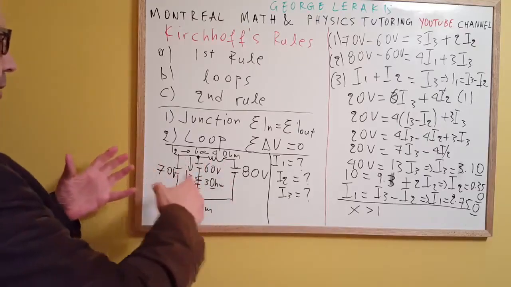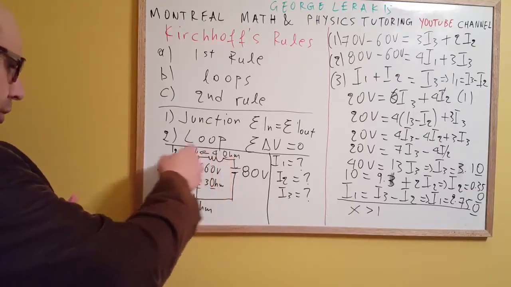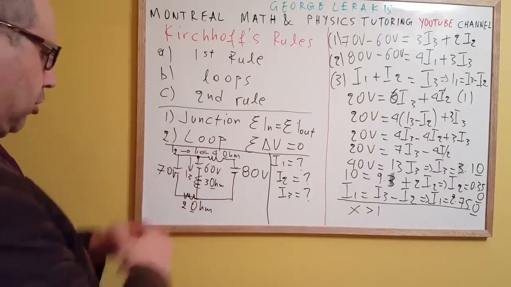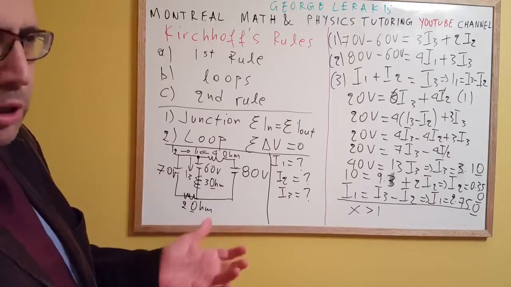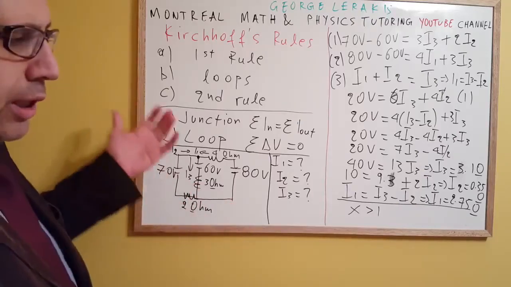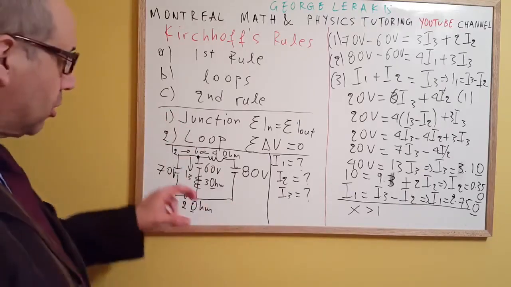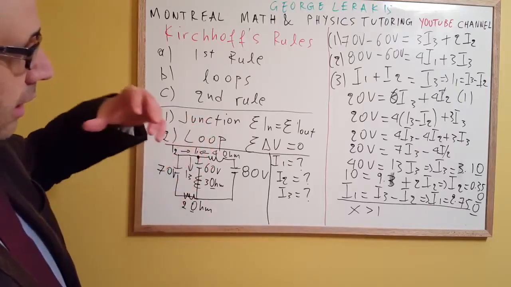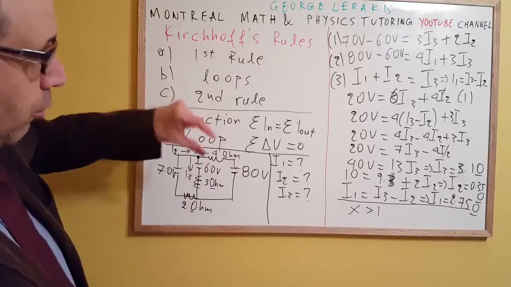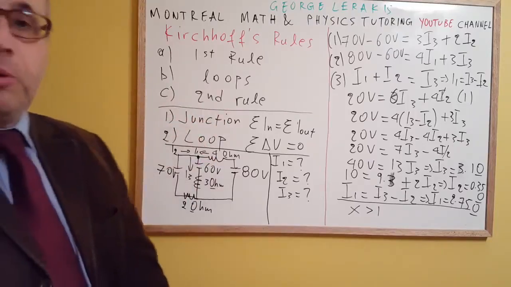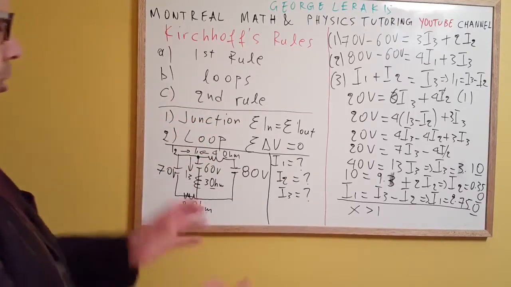If you take also the whole thing, which includes the two loops, it will not hurt, but you won't get any additional information, because you will get a linear combination of the equations from the first two loops.